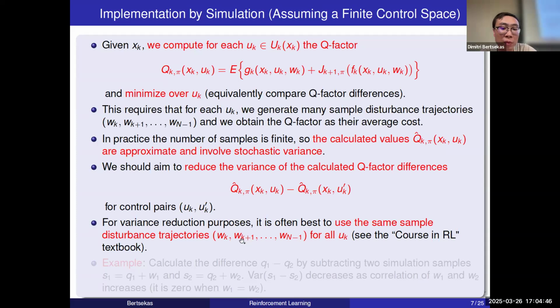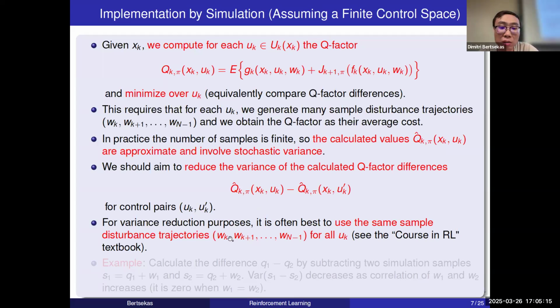So essentially, the same random variable, the same random disturbance should have the same distribution independent of the state or independent of control. And more details you can see in the textbook. But under this assumption, then it's better to use the same sample disturbance trajectories when evaluating different UKs.